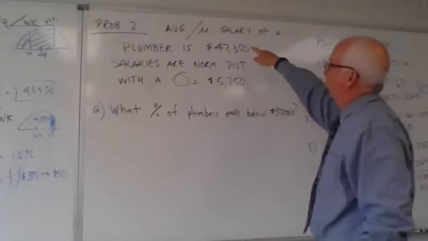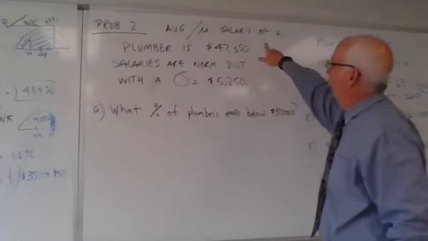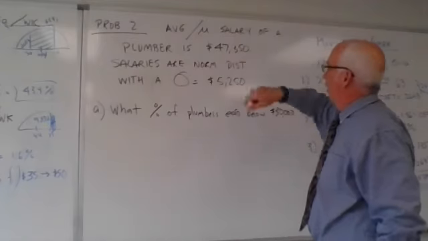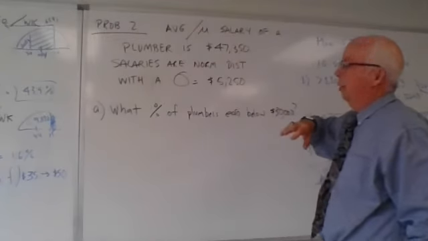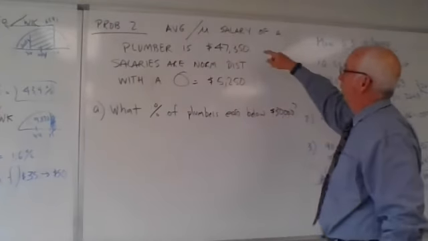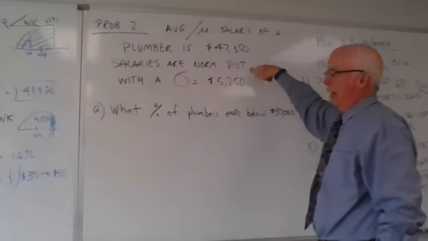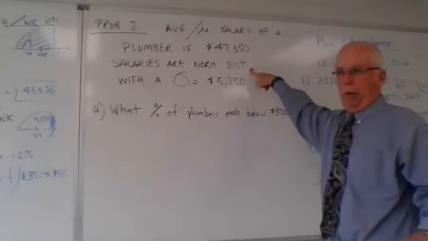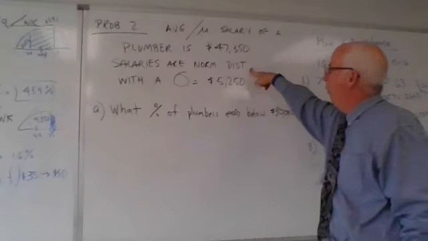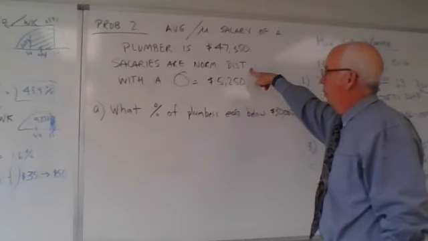The average, or mean, salary of a plumber is $47,350. I know plumbers that are making 6 figures, but for the sake of argument, it's $47,350. Salaries are normally distributed, so we can use all this normal distribution stuff to solve some probability problems.